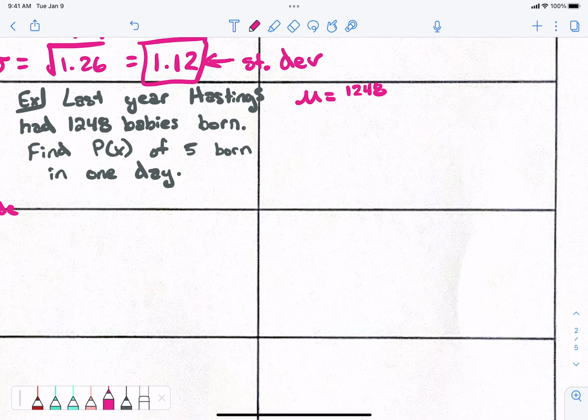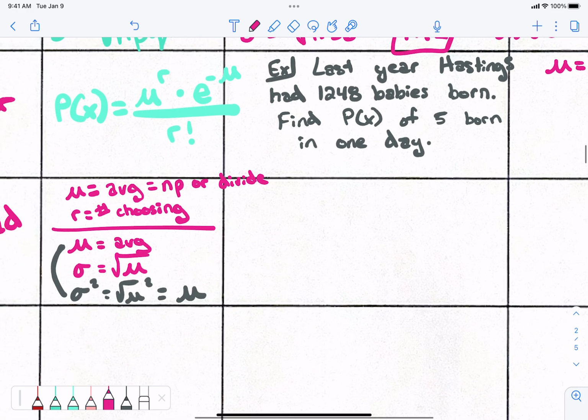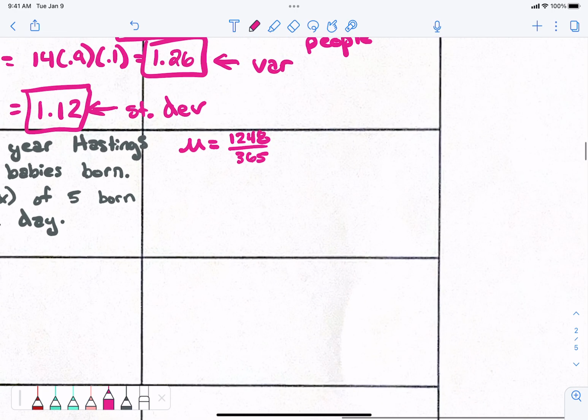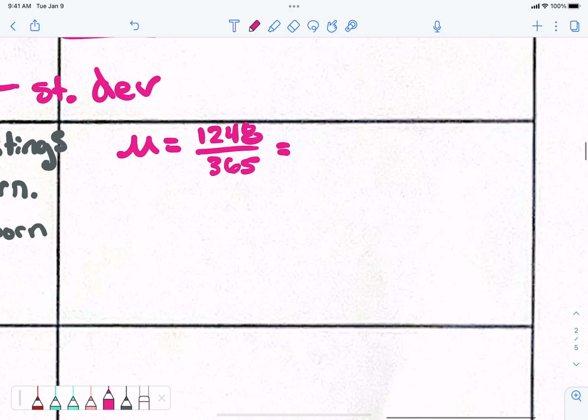It was over the entire year, and I want to know for just the day. So I'm going to divide by 365. When I wrote down to find the average, you may need to divide, that's what I was talking about. We took 1248 divided by 365, so on average that's 3.42 babies born per day.